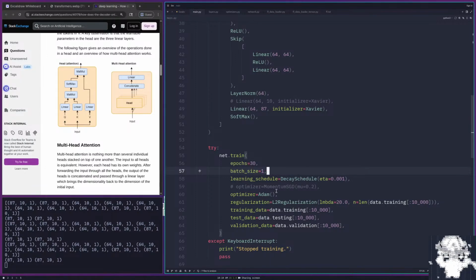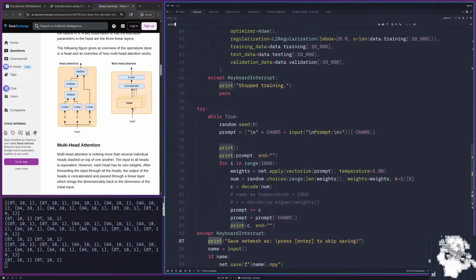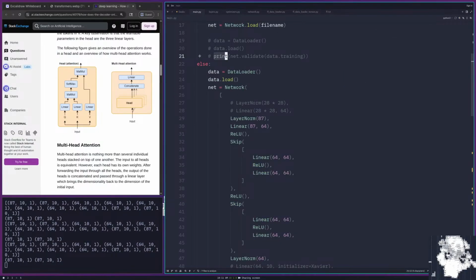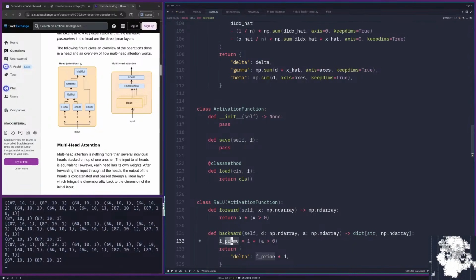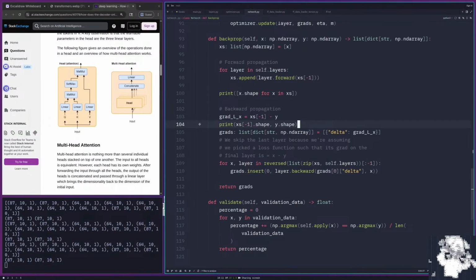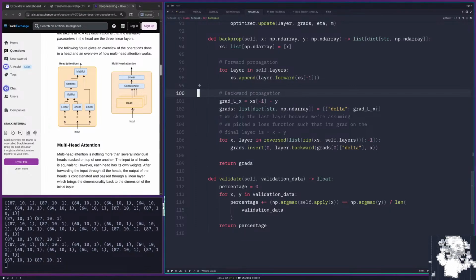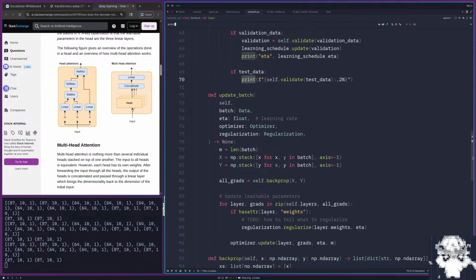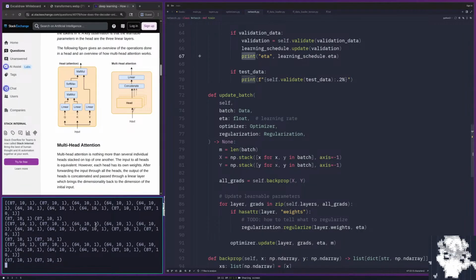It should be about the same speed as before. What's the deal though?